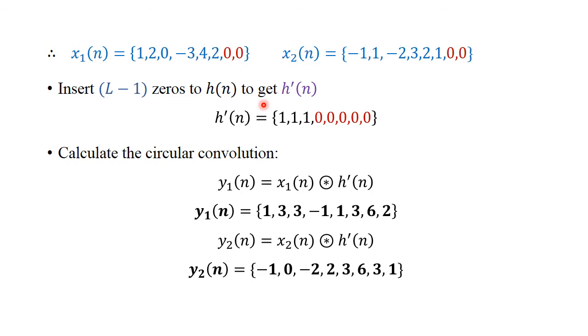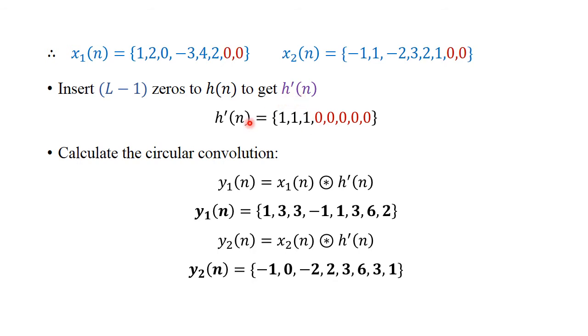That is achieved by inserting L minus 1 zeros into h of n, always at the end part of the sequence, to get h dash of n.